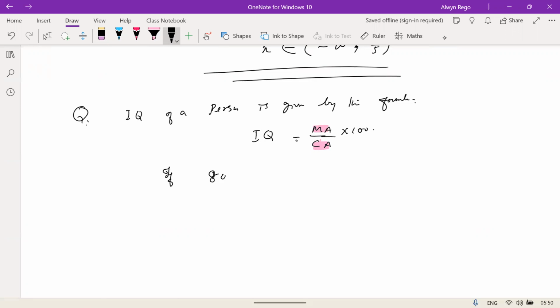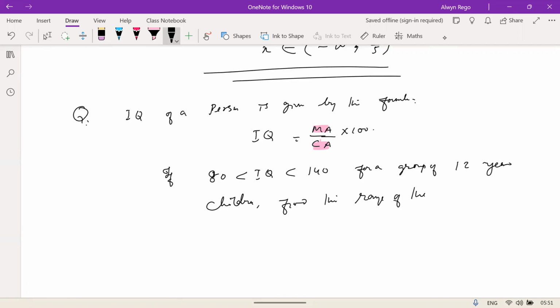If 80 is less than IQ is less than 140, this is IQ between 80 and 140, for a group of 12-year children, find the range of their mental age.